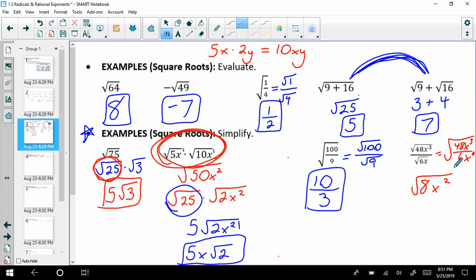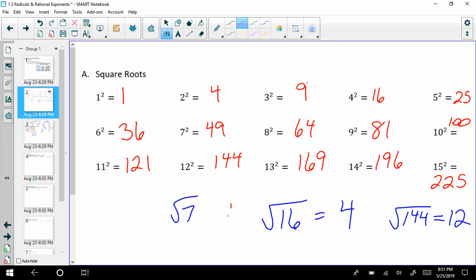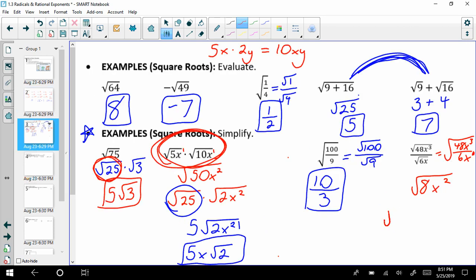Now let's see if we can simplify that. So 8, square root 8. 8 is not one of my perfect squares. But I would want to see if one of these perfect squares goes into it. 4. 4 will go into 8. So I'm going to break this up with 4.